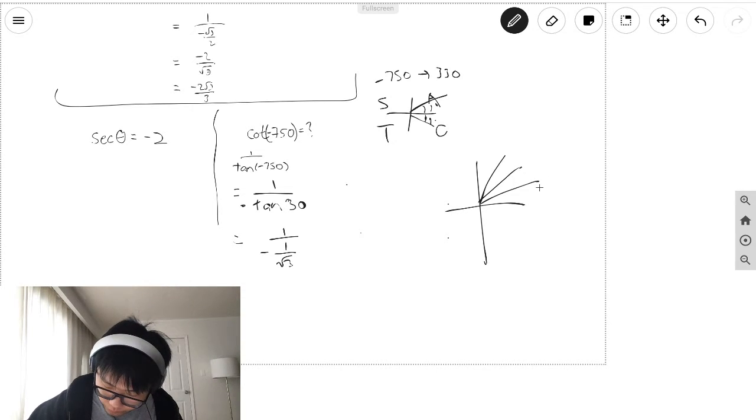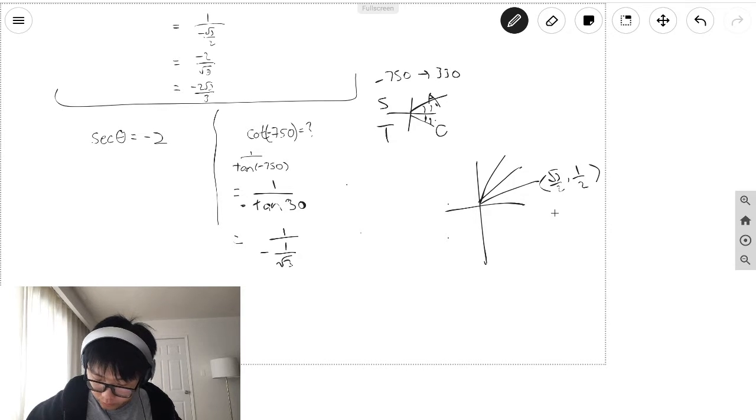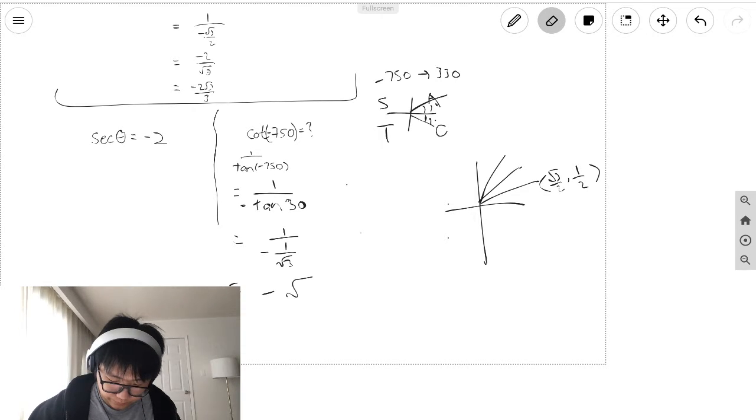This one has to be root 3 over 2 and 1/2. So if you divide this one over 2, yeah, you're right, 1 over root 3. Exactly. And there you go.